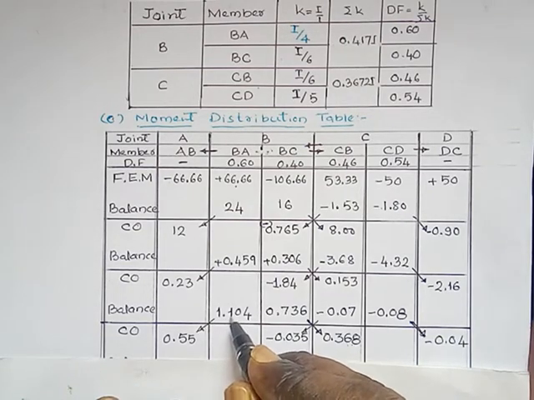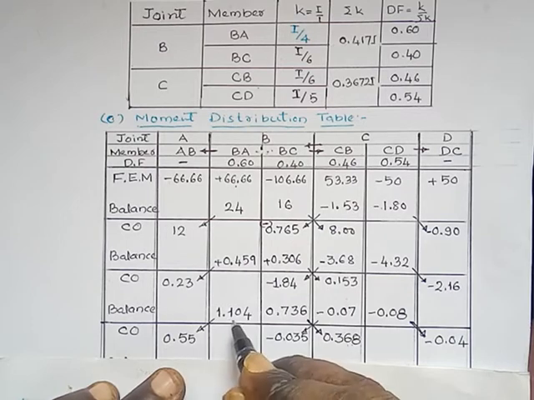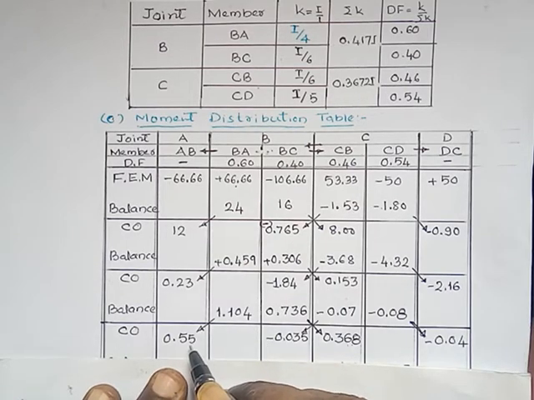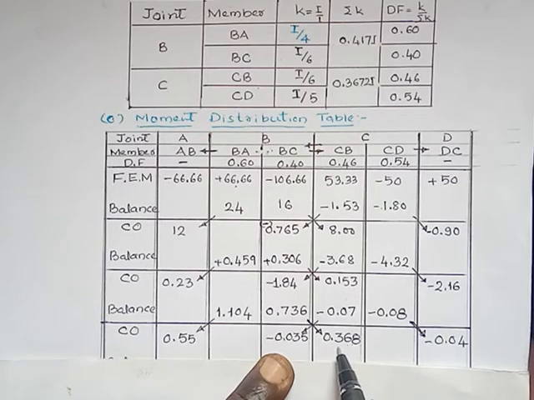Here, 50% of 1.104 is carried from B to A, that is half of 1.104, that is 0.55. Similarly, from B to C, half of 0.736, that is 0.368, is transferred to CB.